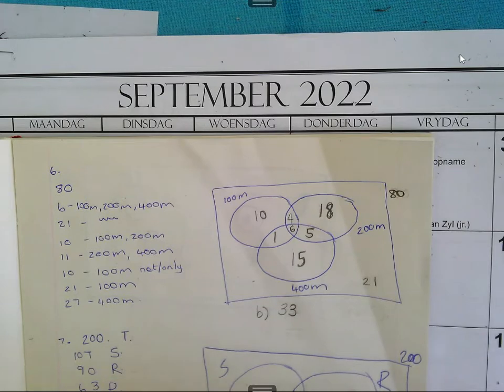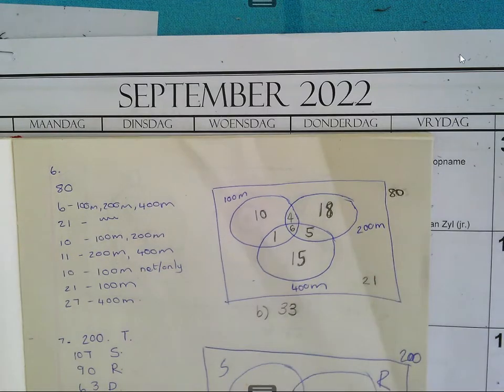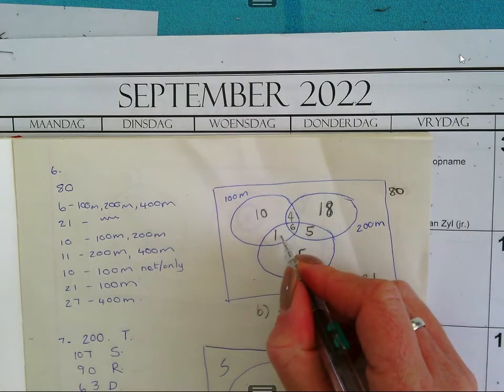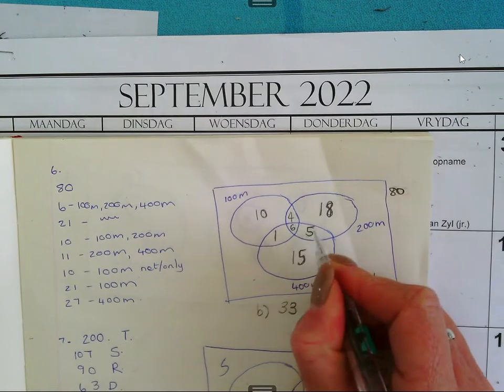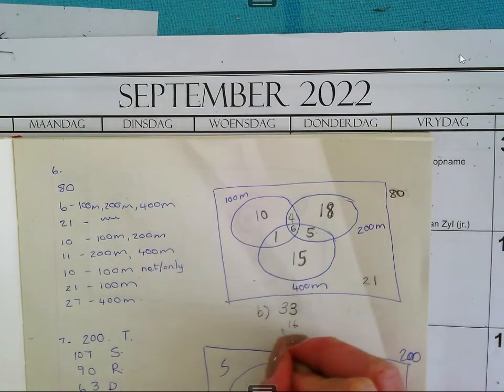So at least 2 means 2 or less, ne? No? At least 2 means 2 or more. Okay, so therefore it will be 1, 4, 6, and 5. And it will be 16 over 80.